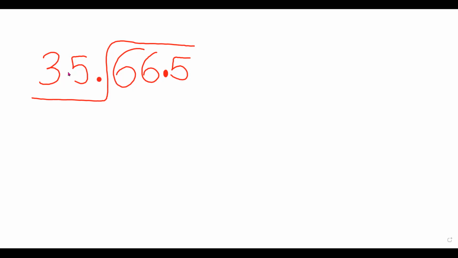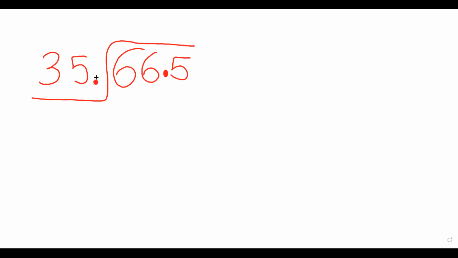Because I want to write it as a whole number. Now, did you see when you move the decimal point to the right, what's the number now? It was 3.5. If you put it here, the number will be 35. So now you have converted the decimal number to a whole number.